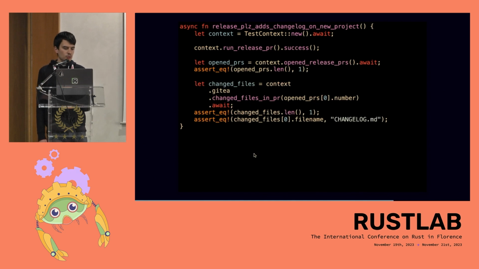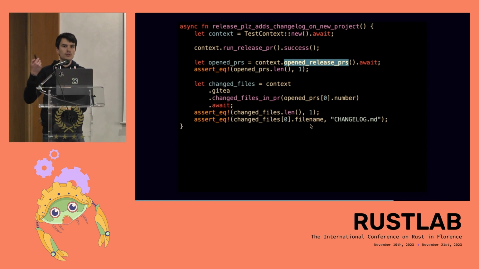The second test I want to show you tests that Release-plz is able to create a new PR on a new project. So here I run the Release-plz release PR command. Then I query if there are open release PRs, and I expect that there is one open PR, that it has one file, and this file is the changelog.